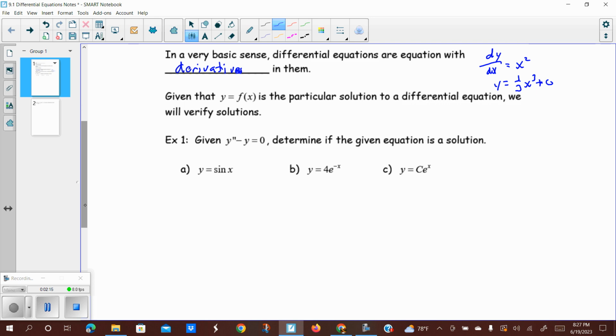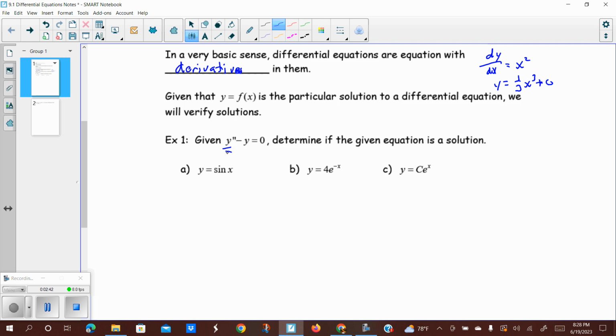We want to determine if the following A, B, and C are actually solutions to that differential equation. In other words, if I take that function and plug it in to the differential equation, does it satisfy the equation? Since the equation is y double prime minus y equals 0, we are going to need a second derivative. We need to be able to plug the second derivative in there.